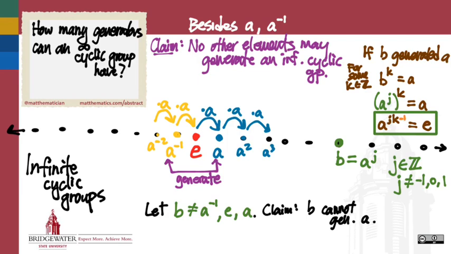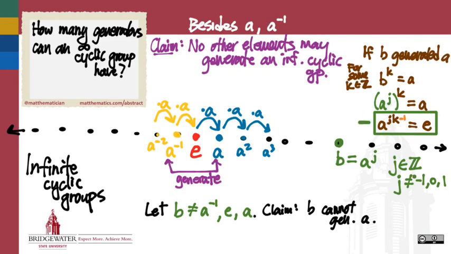Our group has infinite order, and that means that the only power of a that's going to give me the identity is the 0th power. Any other power of a, if it gave me the identity, it would mean that a has a finite order. And if a has finite order, this whole group has a finite order. And we knew that wasn't the case.